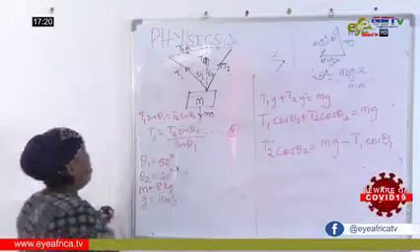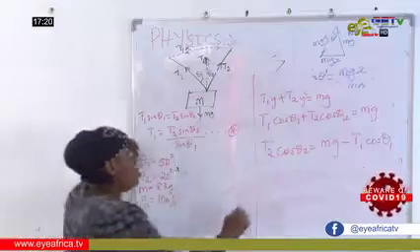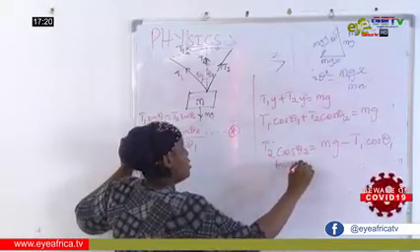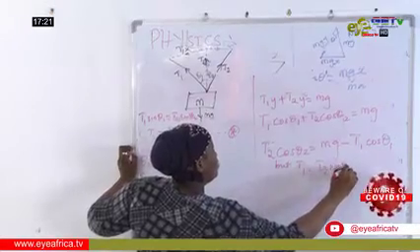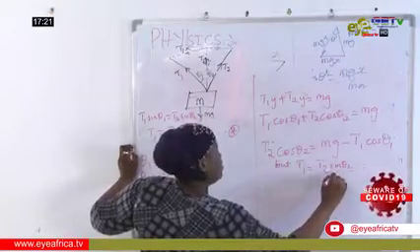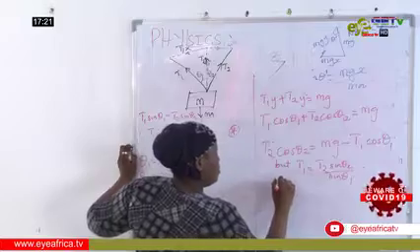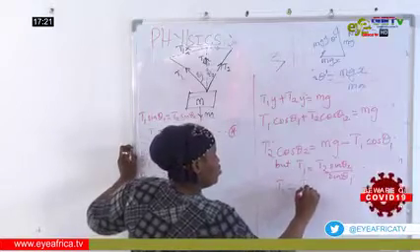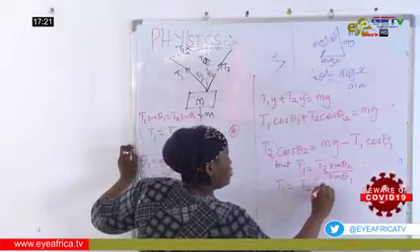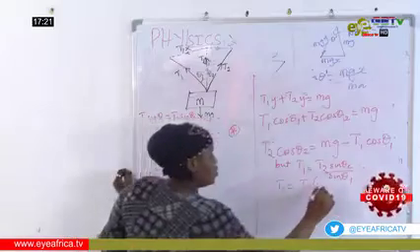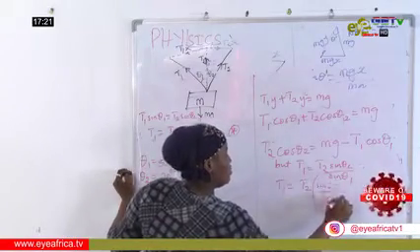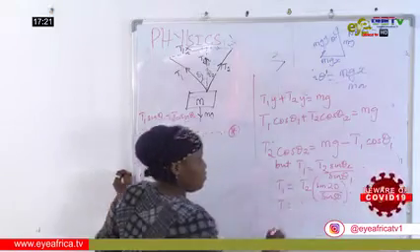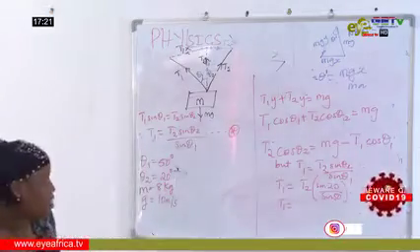But T1 is equivalent to T2 sine theta 2 all over sine theta 1. T1 will be T2, we don't know, sine theta 2, where theta 2 is 20 degrees and theta 1 is 50 degrees. So T1 will be equivalent to, can we simplify that?